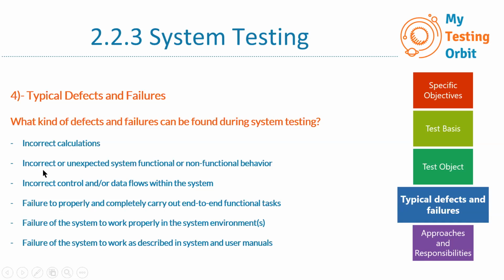The second one is incorrect or unexpected system functional or non-functional behavior. This is the same as we discussed earlier. For example, in our login functionality example, if we are able to log in with only a valid username and password, and we're not able to log in using an invalid username or password, that's the functional behavior.